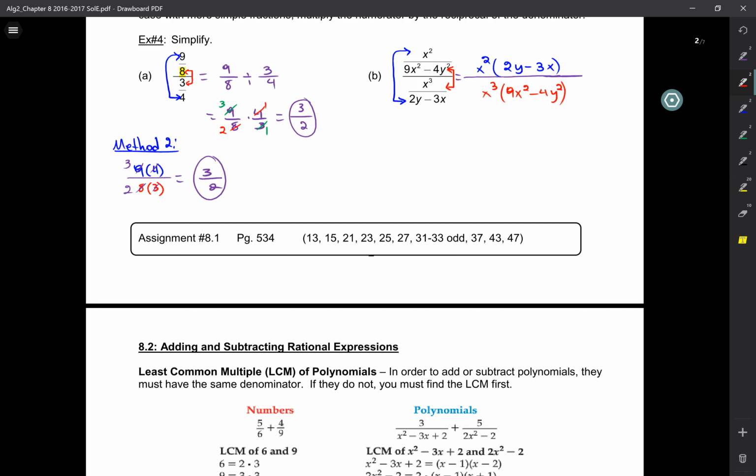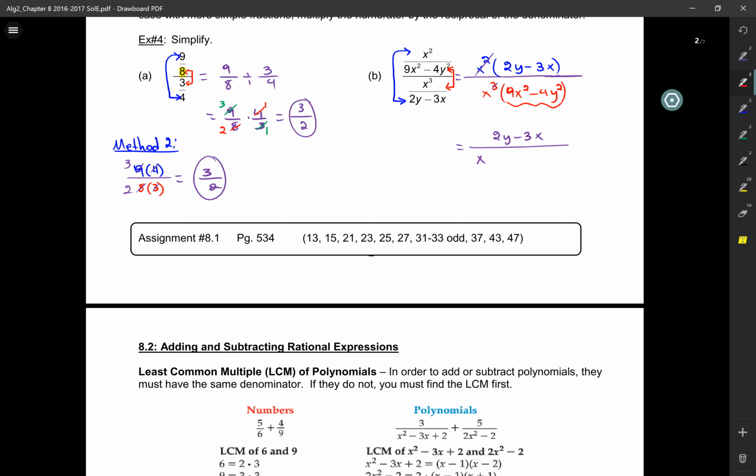So yes. Now, can we cancel out these x's, those pesky little x's? Yes. How many will remain on the bottom? Just one. So I'm going to have 2y minus 3x on top, 1x on the bottom. And now, can I factor this one?